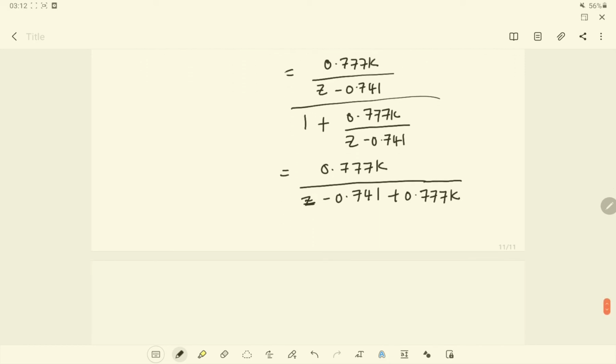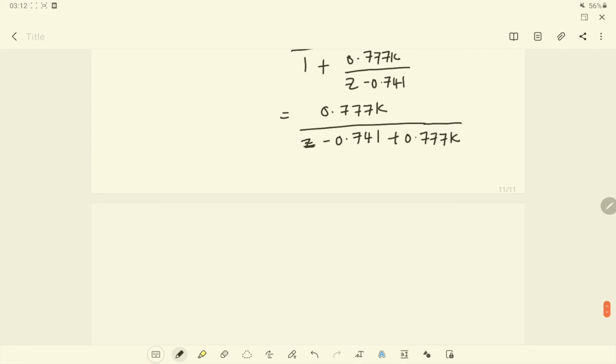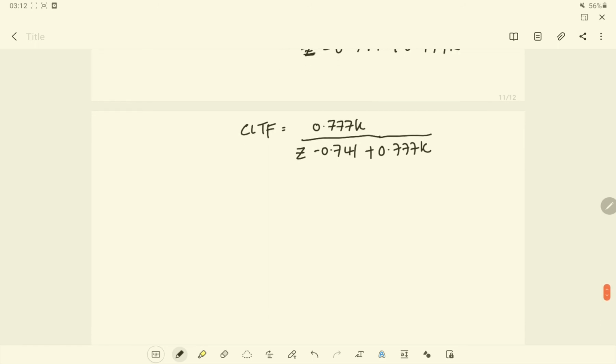So in order to make the system stable, you already have obtained the closed loop transfer function: 0.777k over z minus 0.741 plus 0.777k.